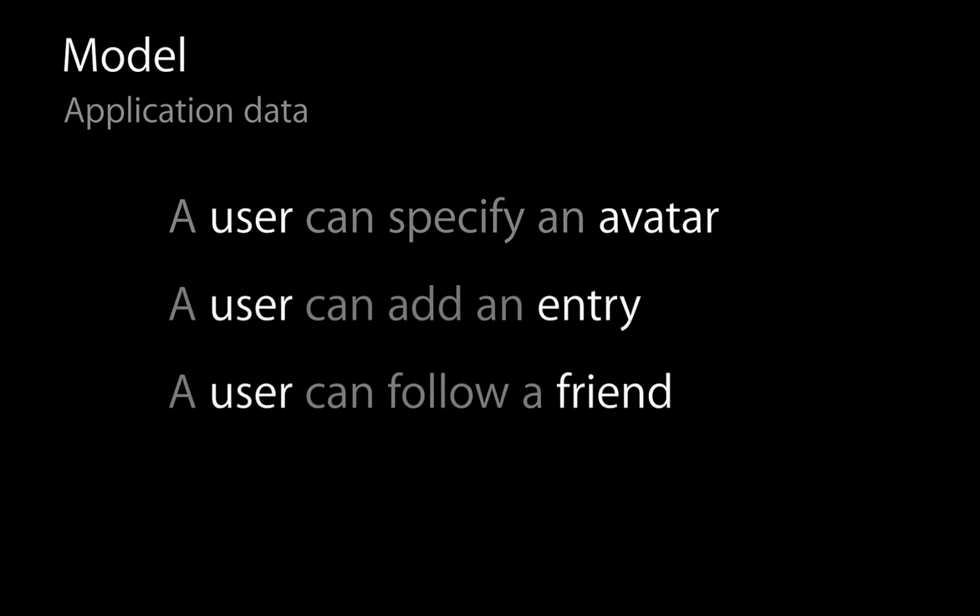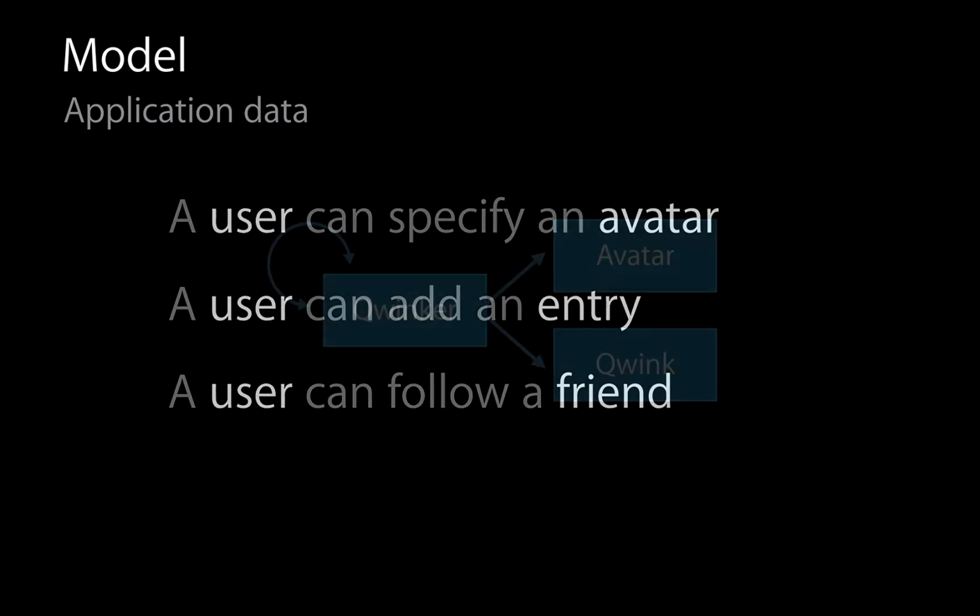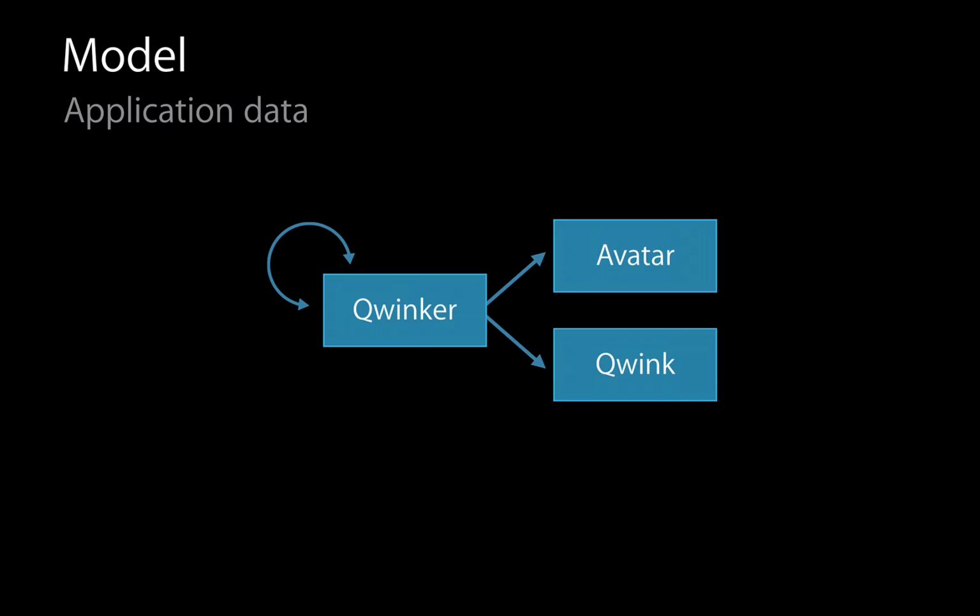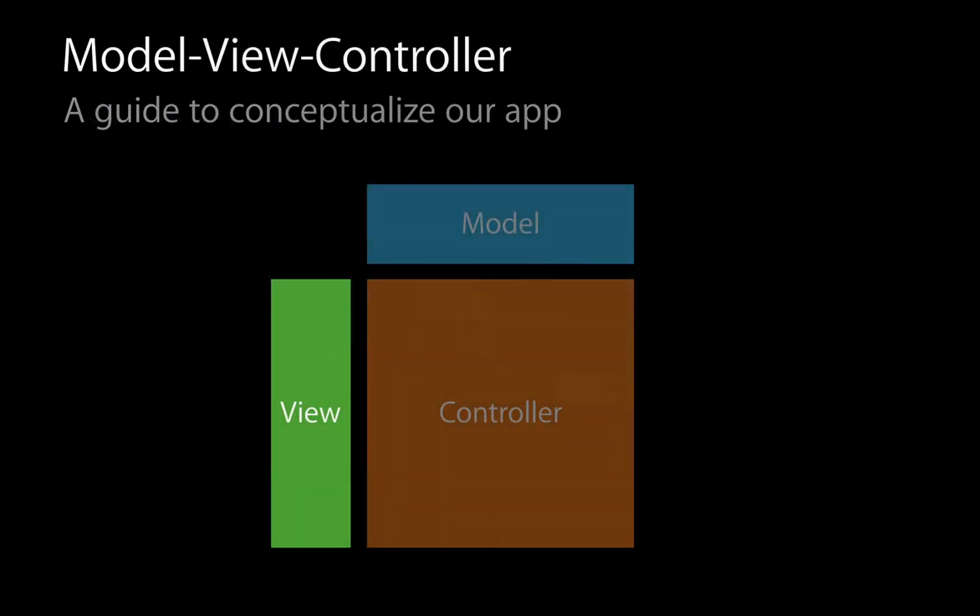Well, that tells us user and avatar. These other statements, a user can have an entry, a user can follow a friend. So there's relationships between these users. All the nouns out of this list tell us what the model objects are. And so from that, we come up with this simple model where quinkers have friends, they have avatars, and then they have a list of quinks. So that's the model.